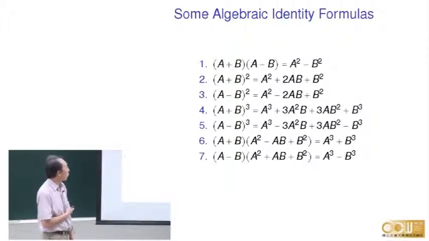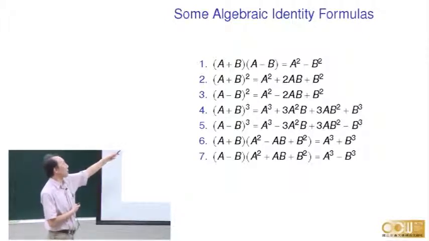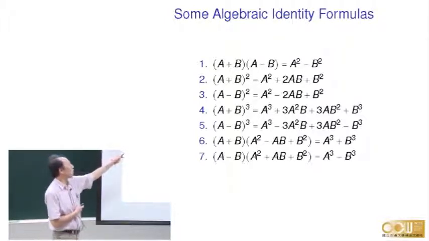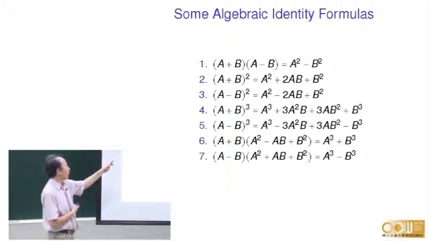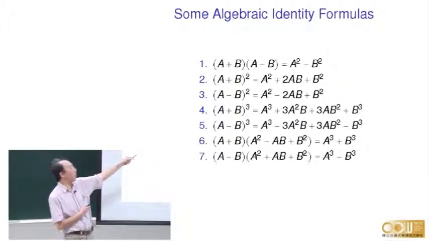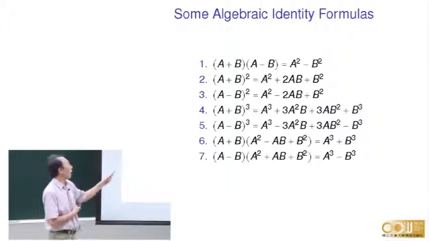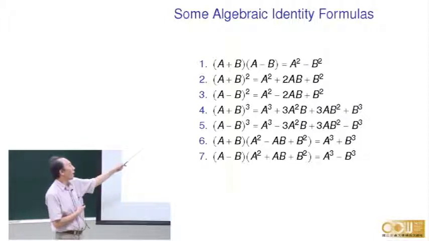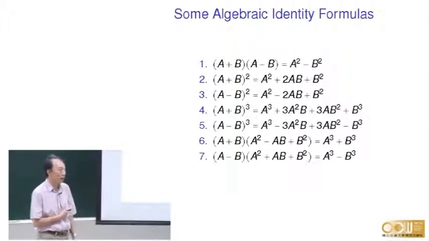The second group is the sum of two squares and the difference of two squares. The first one is the square of a plus b equals a squared plus 2ab plus b squared. The second one is a minus b squared equals a squared minus 2ab plus b squared.